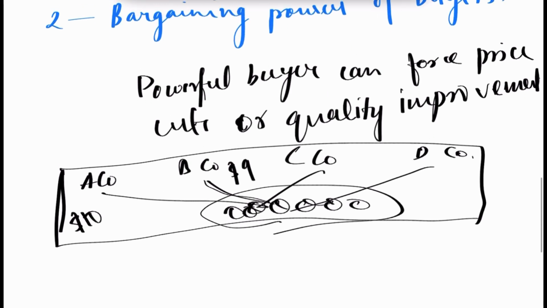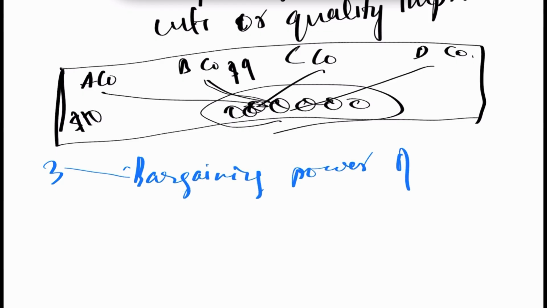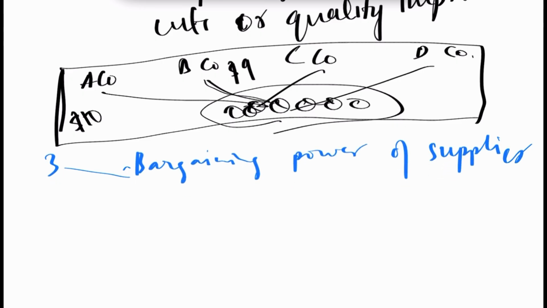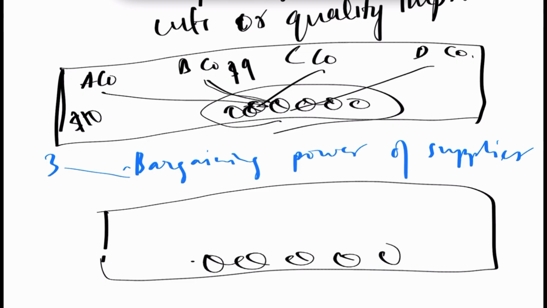Next one is bargaining power of supplier. In this, we'll take the same example: in this area there are so many buyers, but there is only one supermarket.